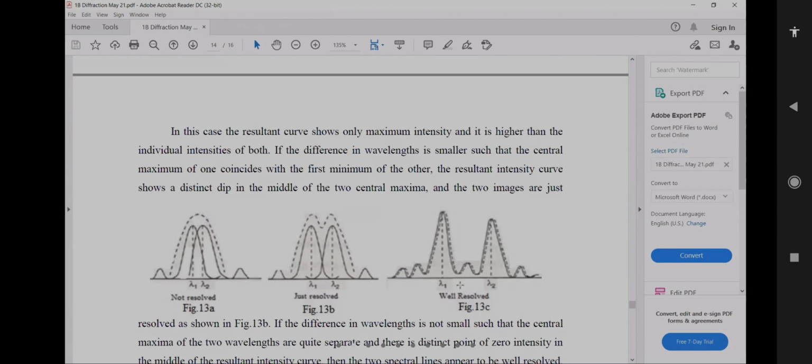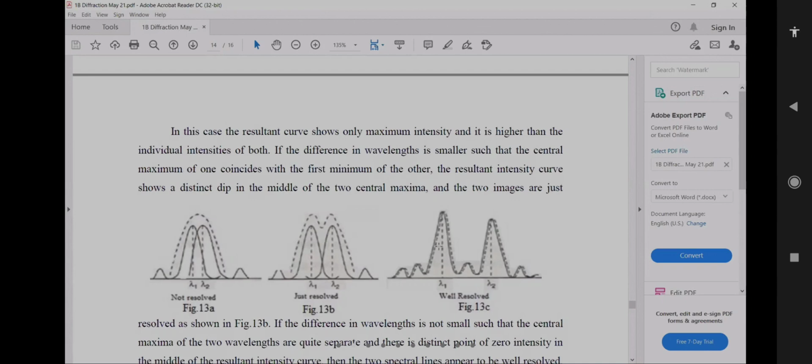So well resolved, if both are resolved by any instrument like telescope, microscope, prism, grating, etc. Here, this one is the central maxima of the first spectral line, and this is the minima of the second spectral line. So those two are well resolved and appear like this. These two are the peaks of both.